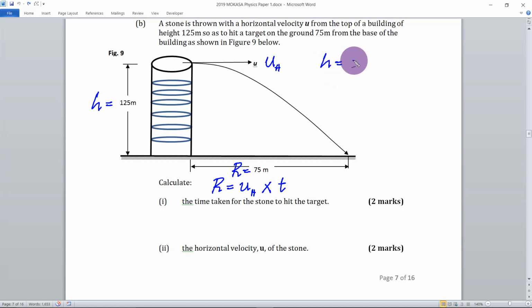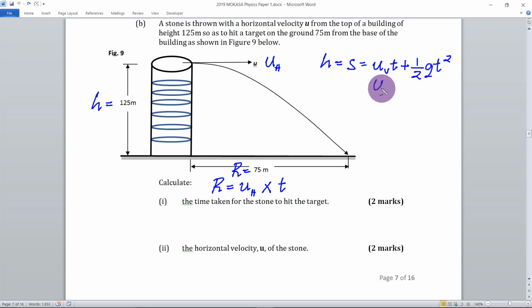which is actually S, will be given by u vertical times t plus a half g t squared. This equation is obtained from the second equation of uniformly accelerated motion, which states that S is equal to ut plus a half a t squared.